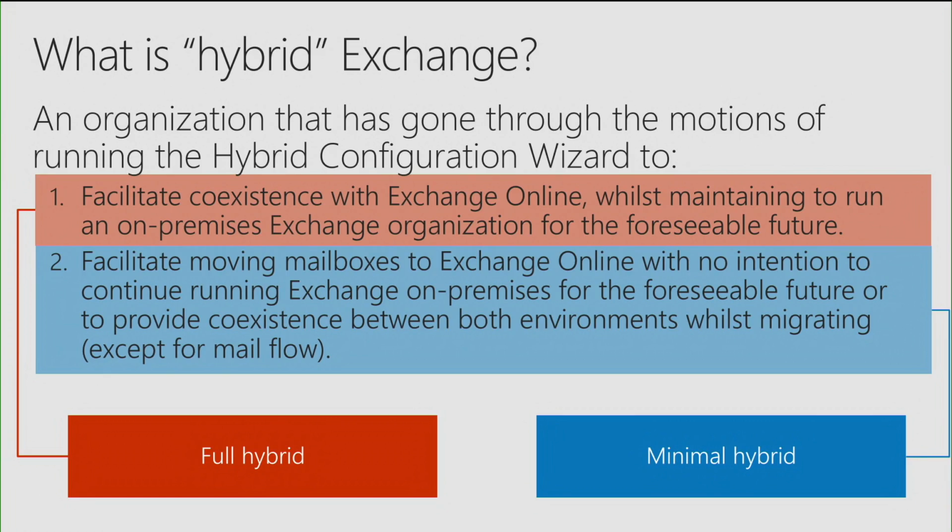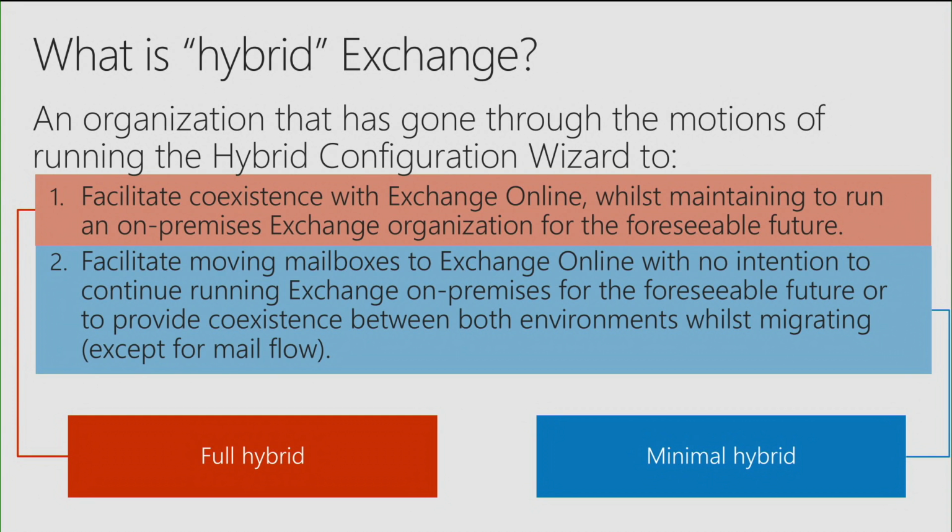Minimal hybrid is a relatively new flavor of hybrid Exchange that was developed to simplify the configuration process and make it possible to facilitate migration without adding additional complexity that's not needed for customers that don't plan to maintain long-term coexistence.